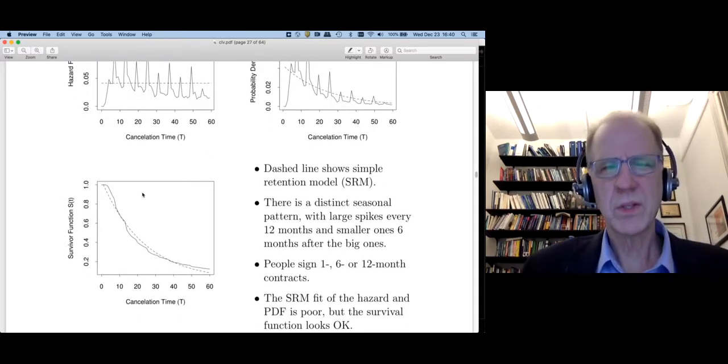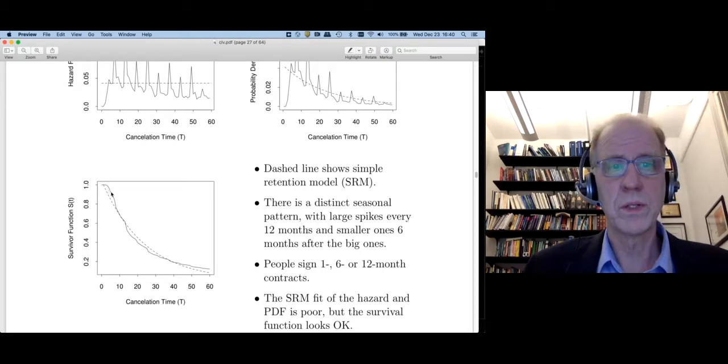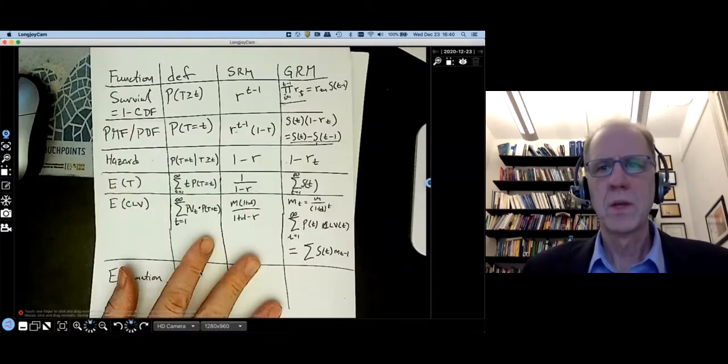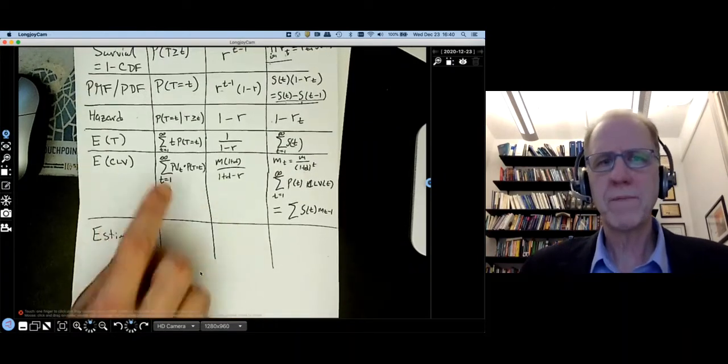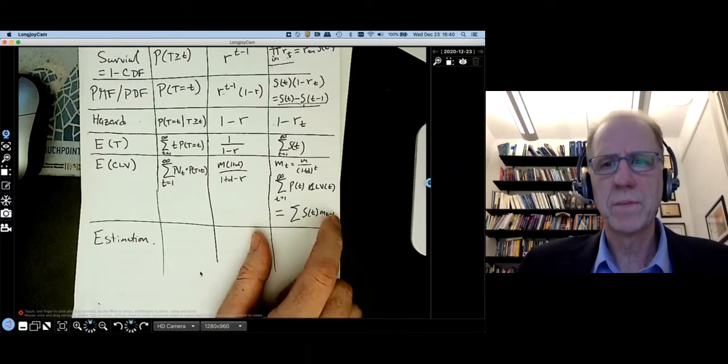But when we look at the survivor function, the two look almost identical. One is a little bit above the other, then it goes a little bit below, but the two are really close to each other. And if you remember, the way we can compute lifetime value is to multiply the survival function times these m sub t's.